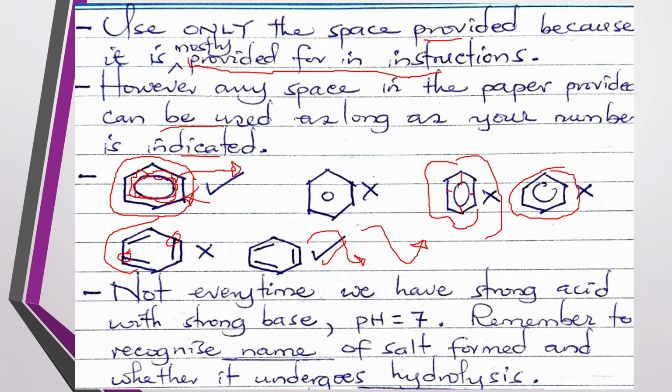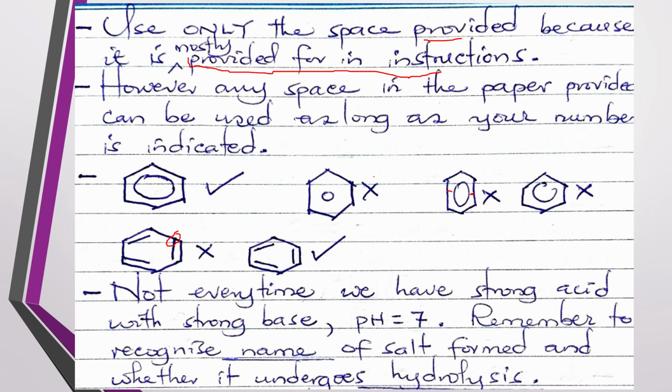Now the other question that I got in the first facilitation I made was about combining these two when you're dealing with a question. If you're writing synthesis, it's very okay to write these ones on the same synthesis. They all represent the same structure. But if you're doing mechanisms, we strongly recommend you use this one. Avoid the other one. The other one has led many students to lose marks in the examination centers.